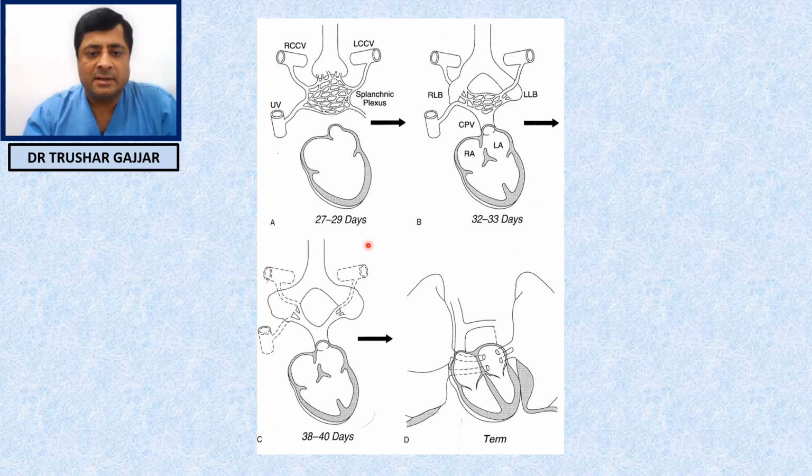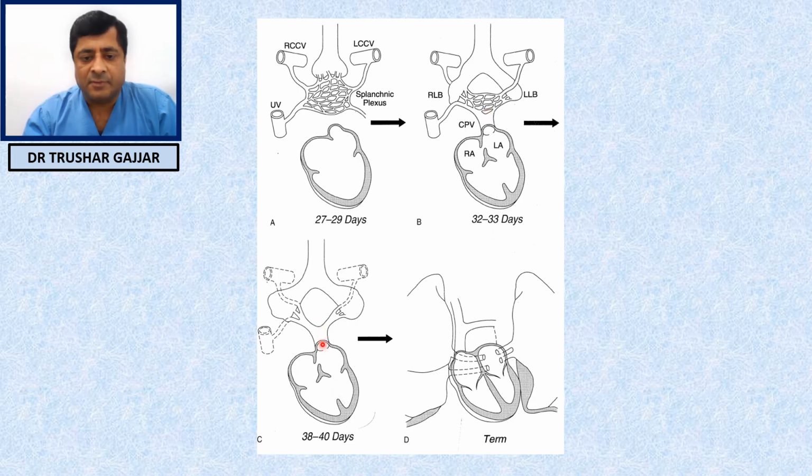So we can see here in this picture the outpouching, and the splanchnic venous plexus, which is having a communication with the left common cardinal vein, right common cardinal vein, and umbilical vein. So this primary pulmonary vein joins with the splanchnic plexus.